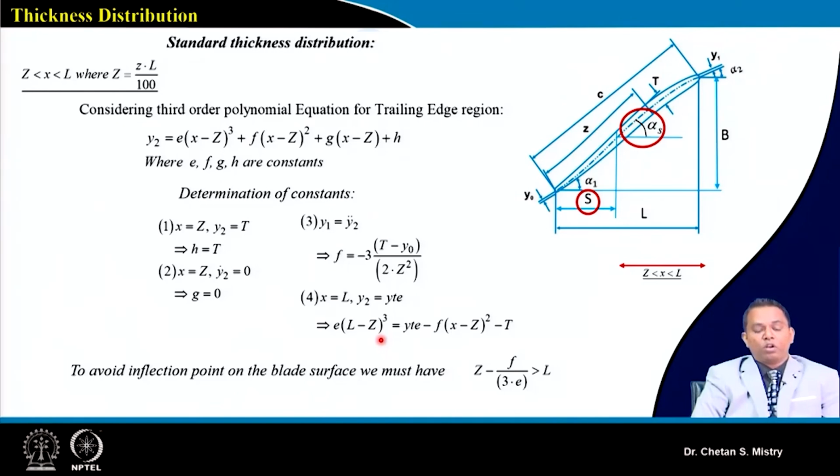Okay, now in order to avoid the inflection point on the blade surface, we need to take care of this number. So (z minus f) divided by 3e needs to be larger. We can understand this when we are selecting multiple circular arcs. For those multiple circular arcs, we have the inflection point, we have the inflection angle, and when we are doing our distribution of the thickness for the suction surface as well as for the pressure surface, it should give a smooth curve, and that needs to be managed.